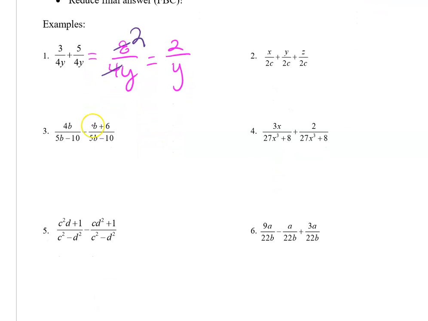Down here at 3, I can subtract them as well. Just make sure you keep in mind this subtraction is going to distribute to the entire binomial of the second fraction. So this is 4b minus b minus 6 all over 5b minus 10. 4b minus b gives me 3b.